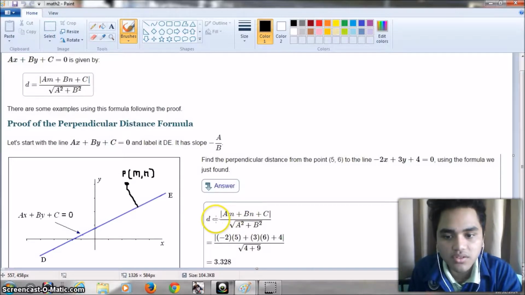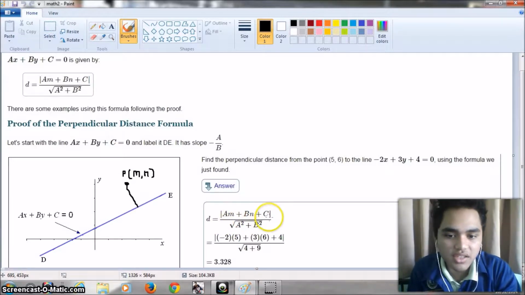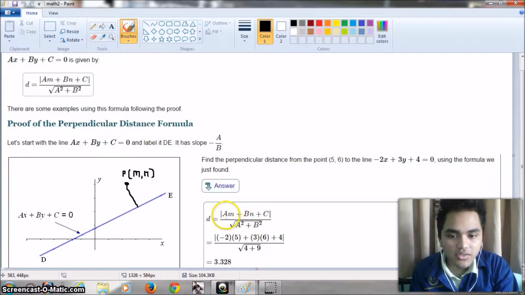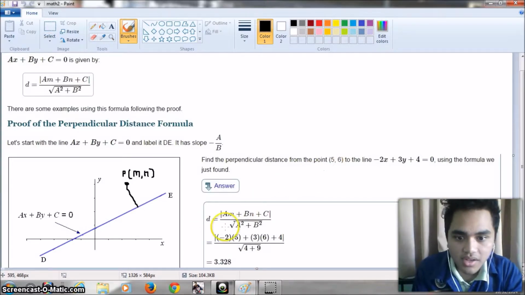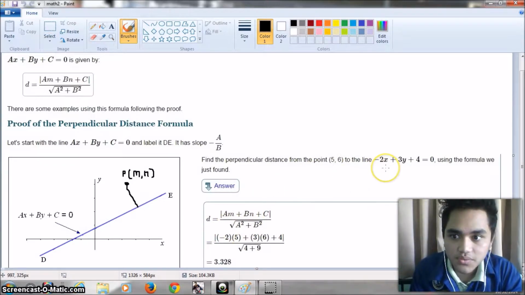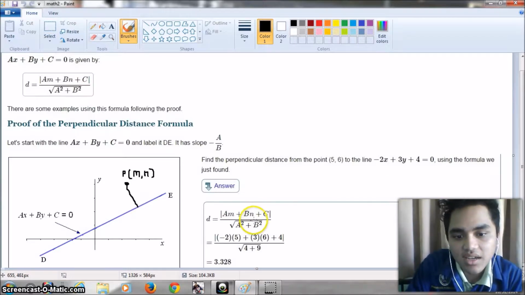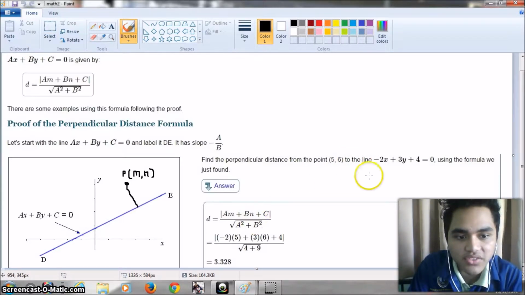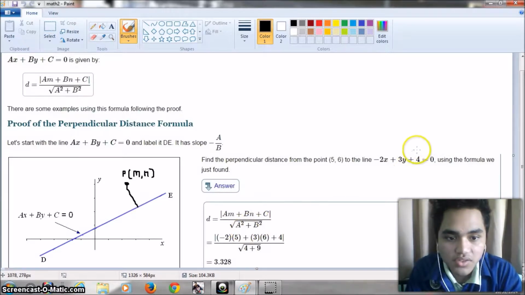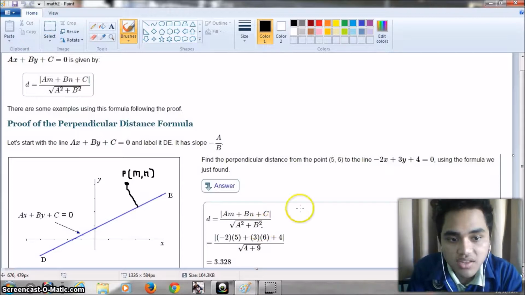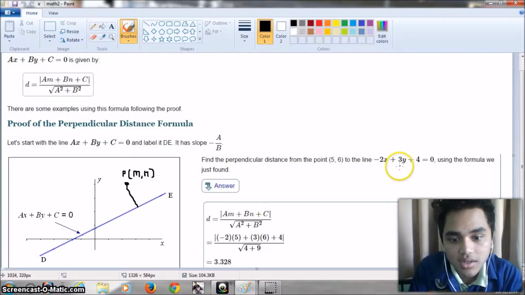The formula is distance equals |am plus bn plus c| over the square root of a squared plus b squared. A is -2, from the equation of the line, times m, which is 5, plus b, which is 3, times n, which is 6, plus c, which is 4, over the square root of a squared, which is -2 squared, plus b squared, which is 3 squared.